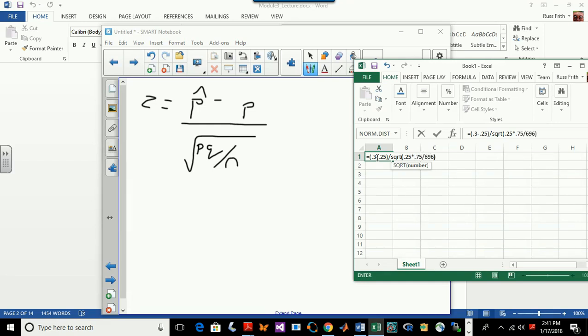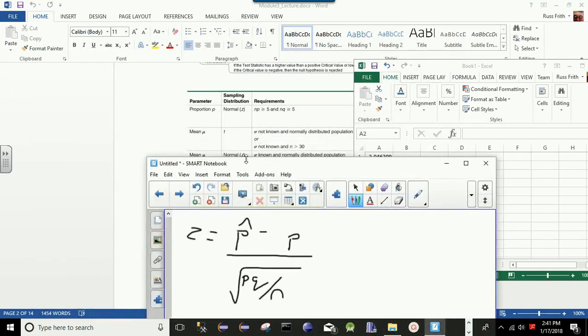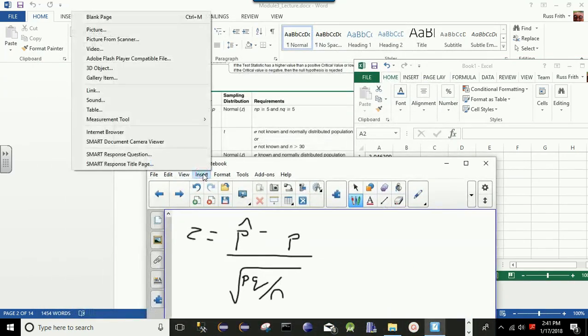Close parenthesis. Your Z statistic turns out to be 3.046, or 3.05. Let's go with 3.046. That would be your Z statistic for this problem. Later on, I'll show you how you use this to analyze hypotheses.